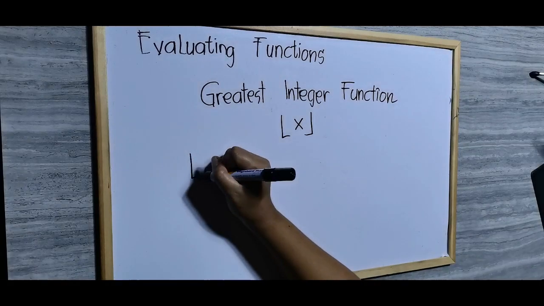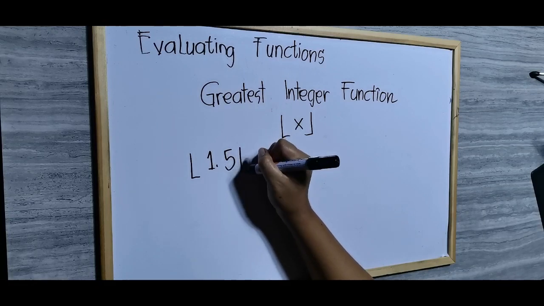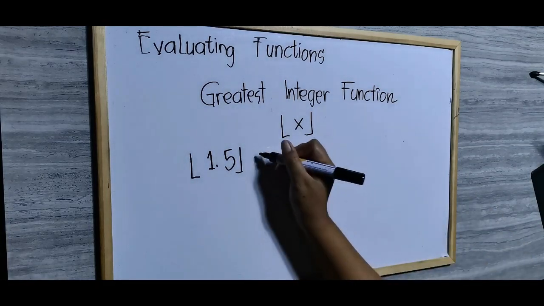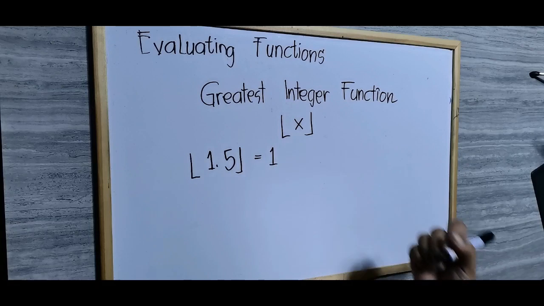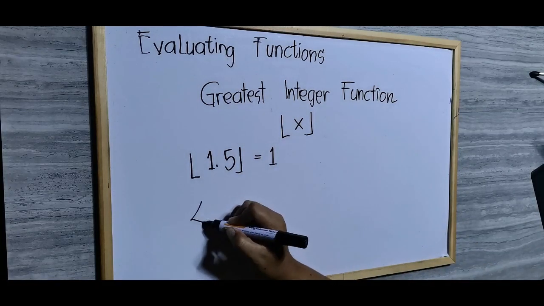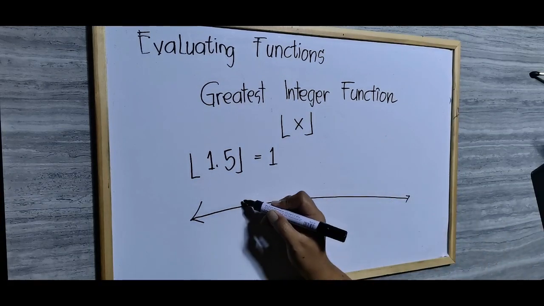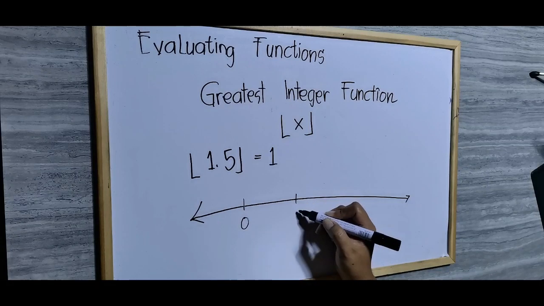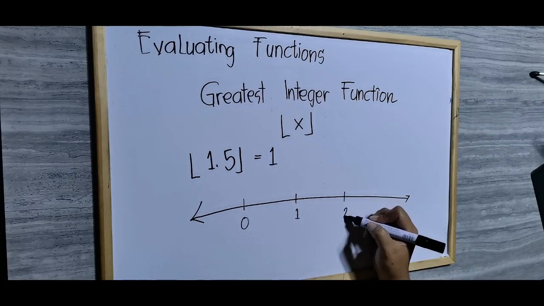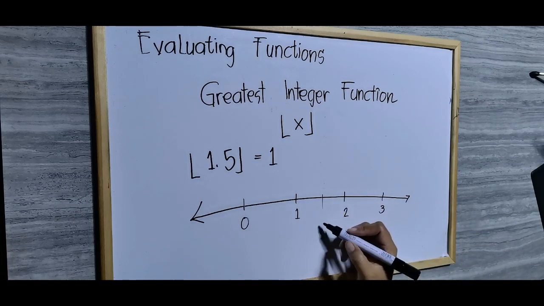So if we have the greatest integer of 1.5, so the answer is positive 1. So paano siya naging positive 1? Let us use a number line. Okay, so we have 0, we have positive 1, we have positive 2, and so on. Now, nasaan ba dyan si 1.5? So, nandito si 1.5.